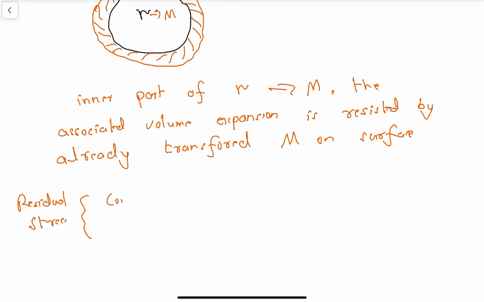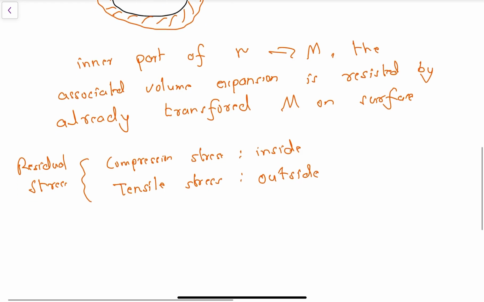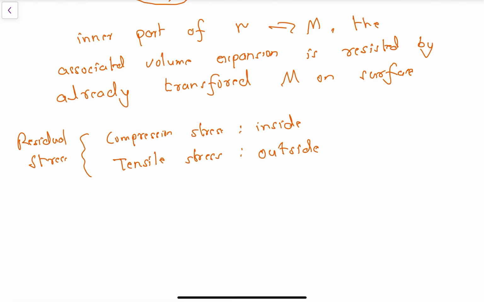That means this causes a compressive stress on the inside, because that expansion is restricted by the outside layer. So the inside layer gets compressed and you have a tensile stress on the outside, on the surface.